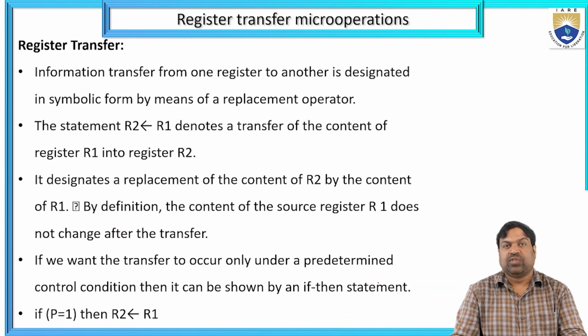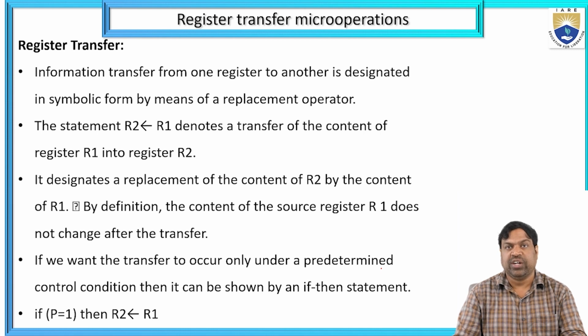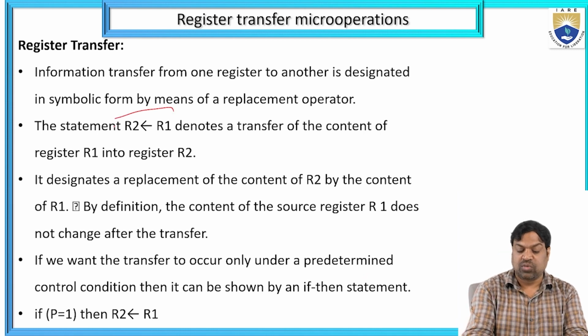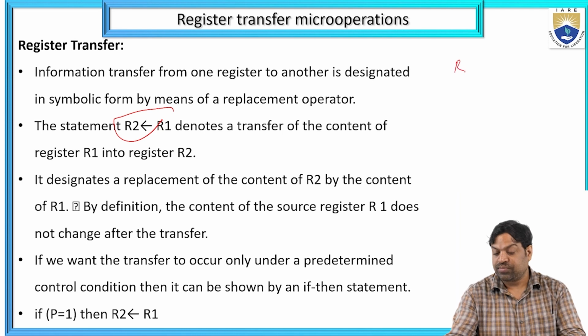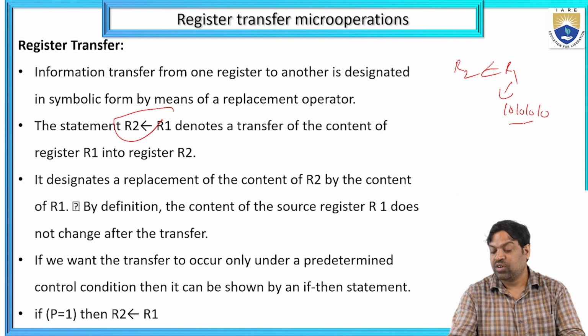Register transfer: information transfer from one register to another is designated in symbolic form by means of a replacement operation. The statement R1 to R2 denotes the transfer of the content of register R1 into register R2. So R2 gets R1, meaning the R1 value, 10101010, whatever data is there, is shifted to R2.